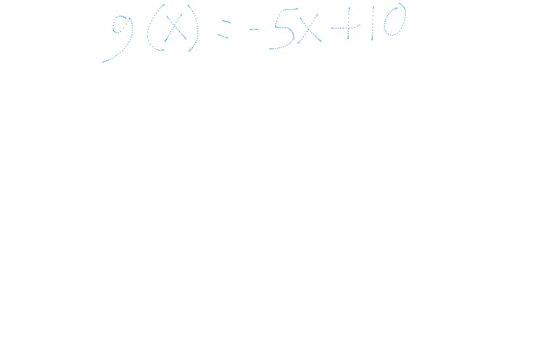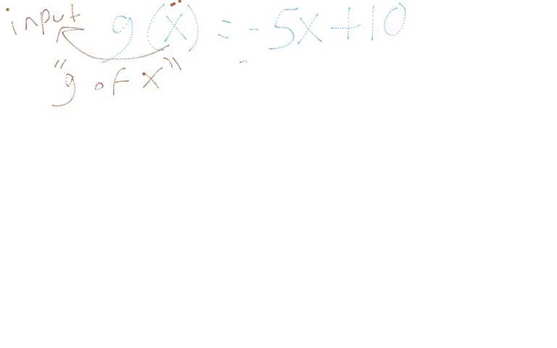So now I've got a different function. This is function g. So I'm going to read this as g of x. It's the function g where this x right here is the input.